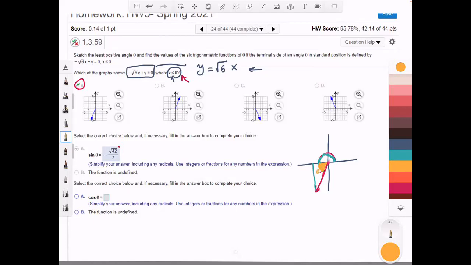No questions. So sine of theta is y over r. So what I'm going to do, I'm going to erase this and make a better triangle.